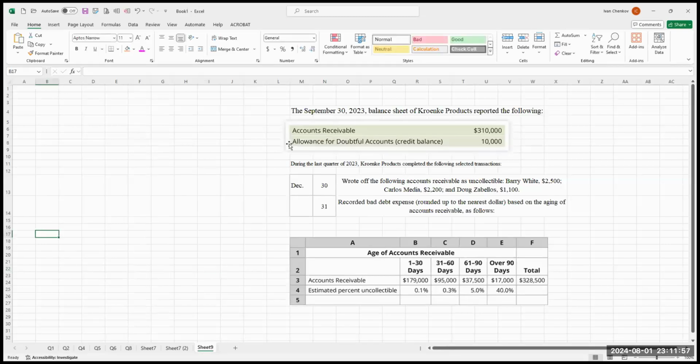First, what we have to do, again, is observe the question: accounts receivables and allowance. Let's pull the T accounts as fast as I can, so we can see what's happening in those accounts.